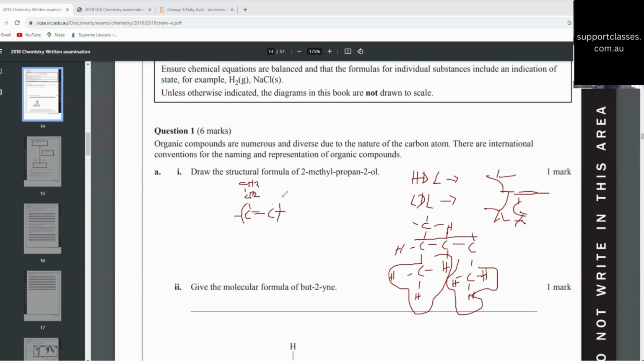If the other one is on the same side, we call it cis. If the other one is on the other side, we call it trans. When this happens, it reduces the density. So 6 times repeat of that. See? 6 times. So omega 6.